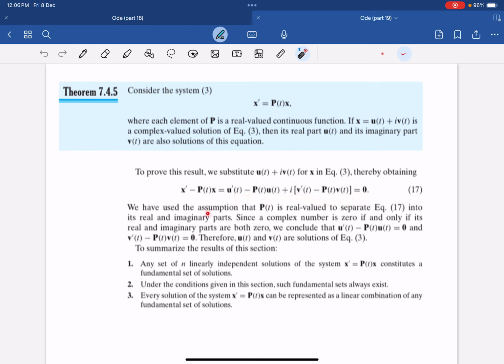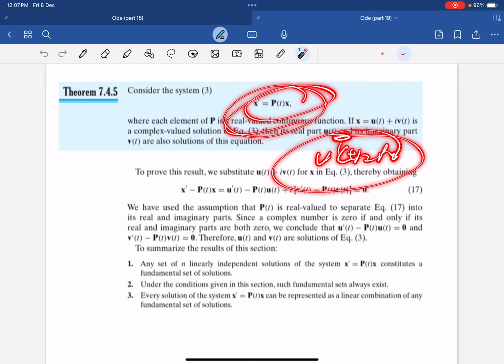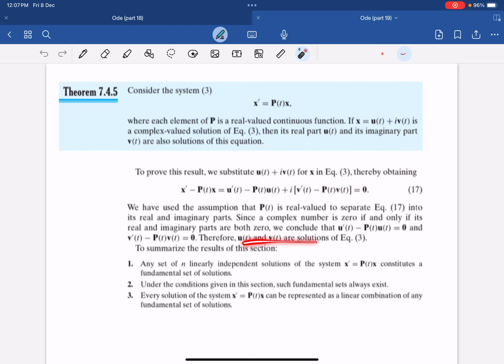Since we assume that p(t) is real, we can separate into the real and imaginary parts, and a complex number is 0 if and only if the real part and the imaginary part are both 0. So we conclude that this is 0 and this is 0, which just means u prime equals p u, which is this system. So it shows that the u and v are also solutions.